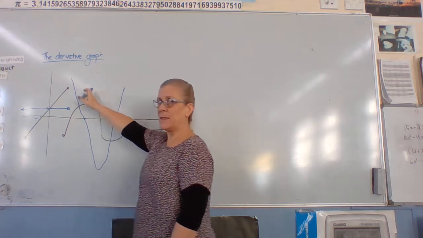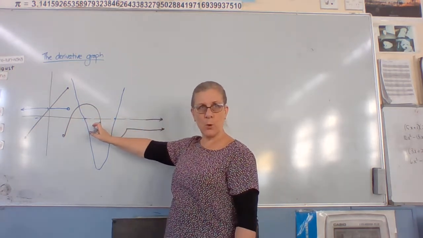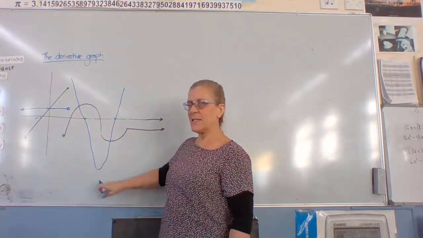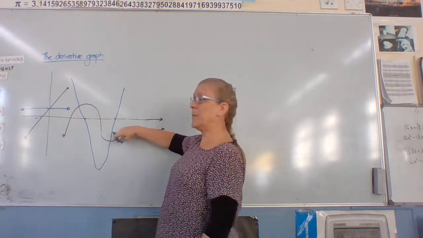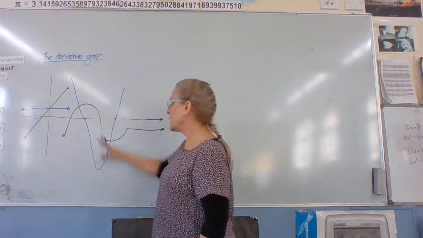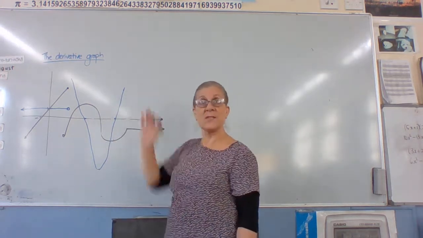High steepness, low steepness, no steepness, negative steepness, low steepness, higher steepness, really, really high steepness down here somewhere, back up here. Negatives, going downhill, negatives, going uphill, positives, etc.